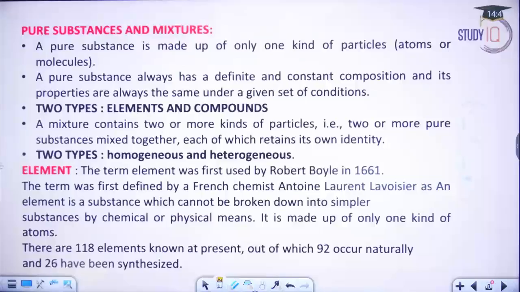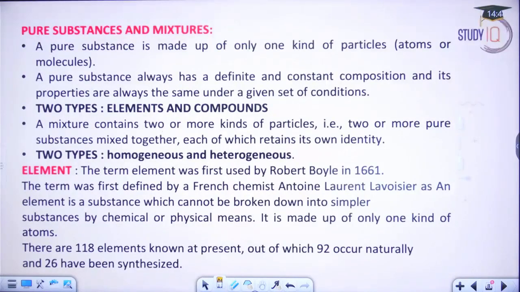Whereas if we talk about compounds, in compounds we have different kinds of particles, different kinds of bonds and all. So what happens here is that two or more substances combine or mix, and then they lose their own identity.